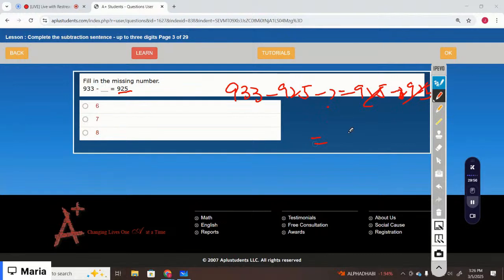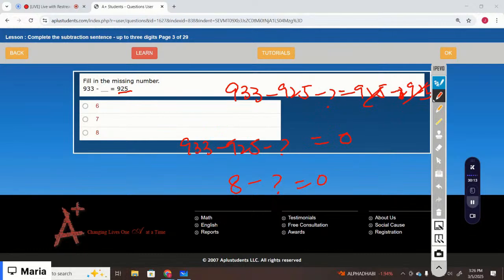900 take away 900 makes 0. You can subtract 933 minus 925, that is 8, take away missing is 0. So 8 take away 8 is 0.